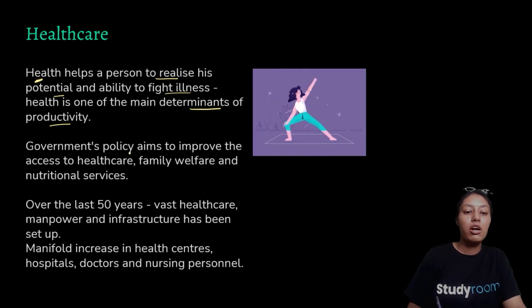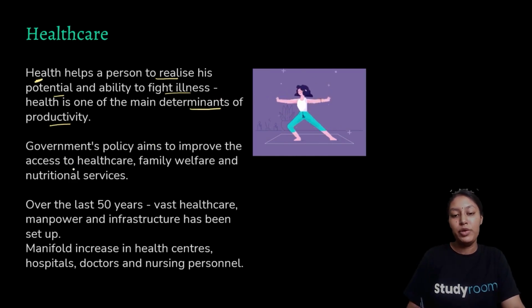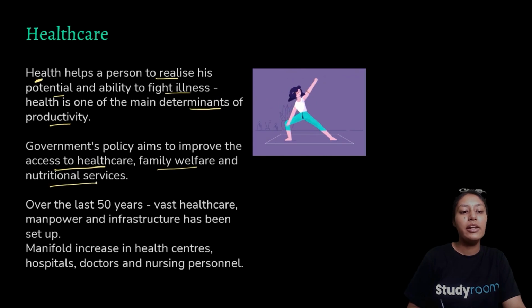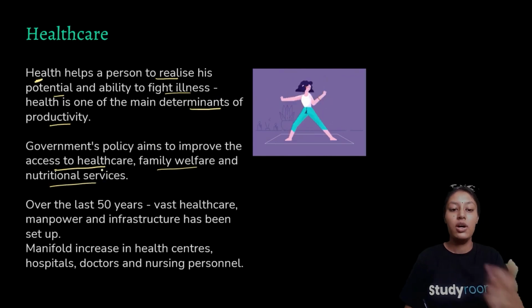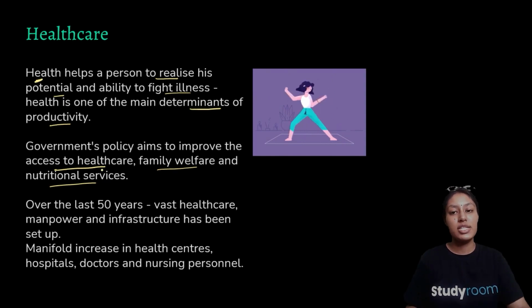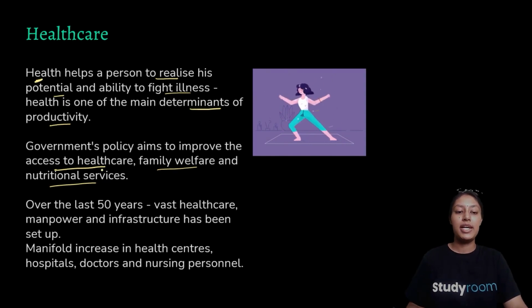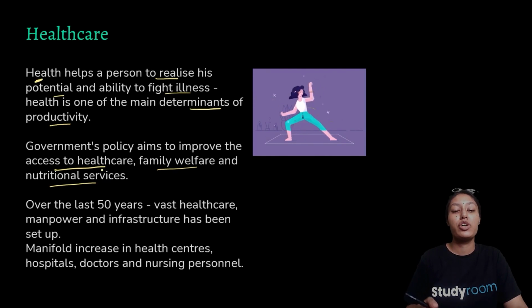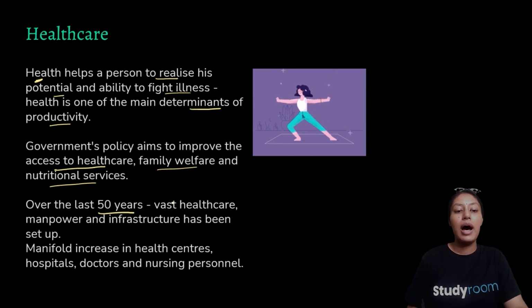The government's policy has aimed to improve access to healthcare, family welfare, and nutritional services. The government has launched various policies and projects that we will study in the next slides, which improve the healthcare sector of our country. Over the last 50 years, vast healthcare manpower and infrastructure has been set up.